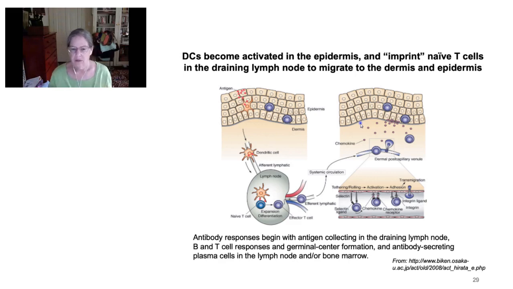So the T cells will come back, but the B cells will be going again to the bone marrow or to the spleen, for instance, to secrete antibody. And if you got a great vaccine, then it'll be long-lived plasma cells that seek a special little niche in the bone marrow to live for years.